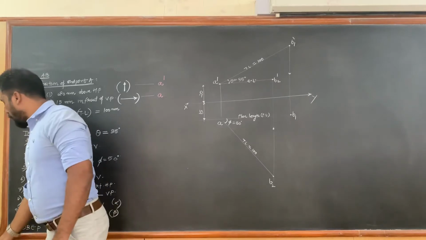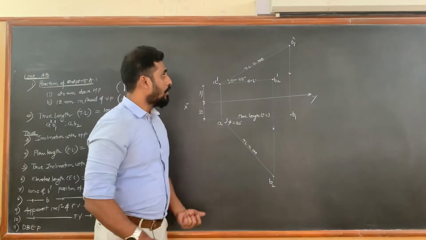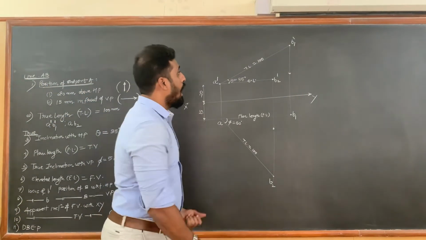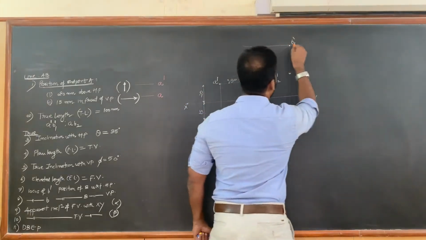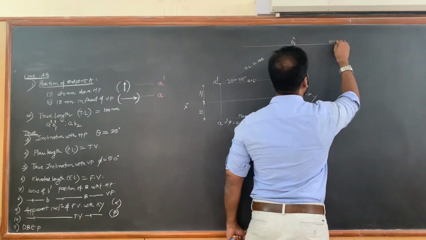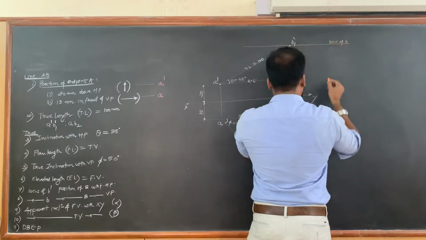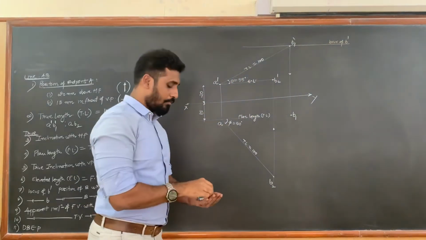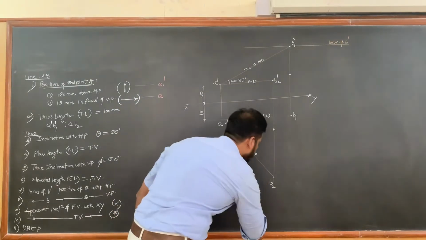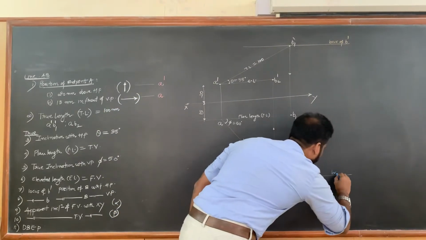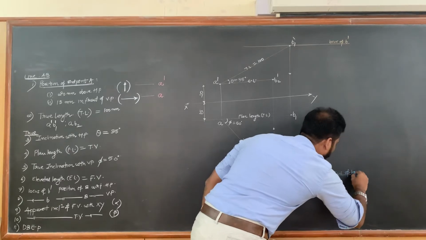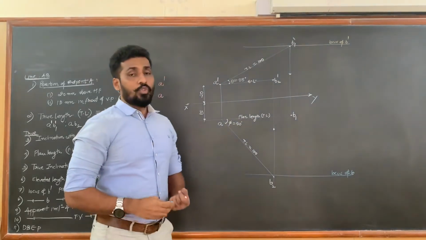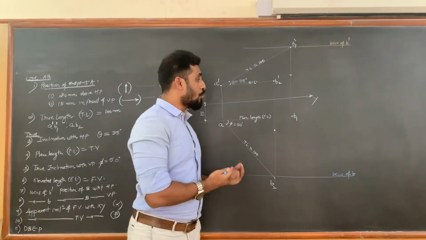So in the last stage, I'm going to draw something called the locus of B dash, and then I'll draw something called the locus of B. Now you just have to understand how it is drawn.